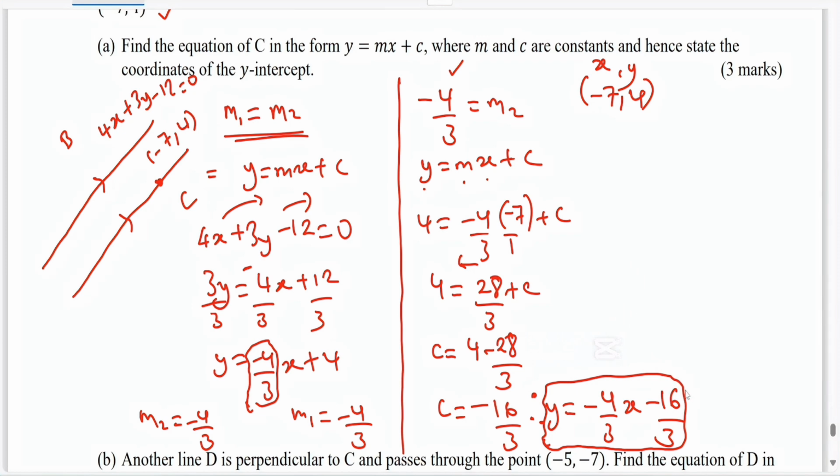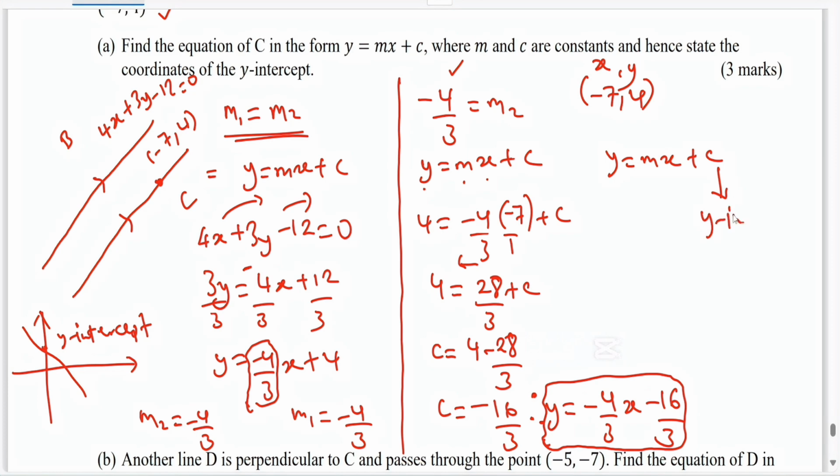Our y-intercept is usually the point through which your line passes through the y-axis. So this is our y-intercept. But for this case, ukiambiwa y equal to mx plus c, usually short way ni kujua y-intercept is just your c. So your c is usually your y-intercept. So in this case, our c was minus 16 over 3. So this is our y-intercept.